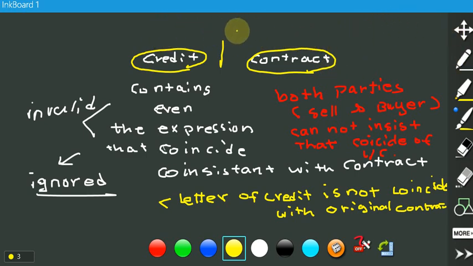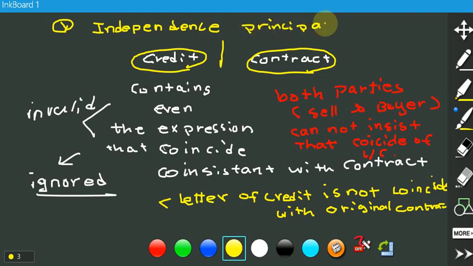This is principle number one: the principle of credit is the independence principle.